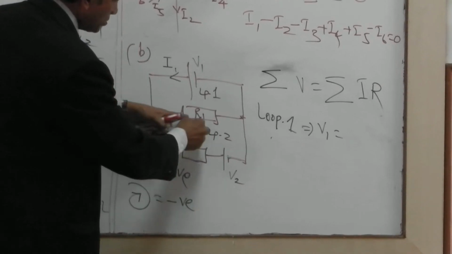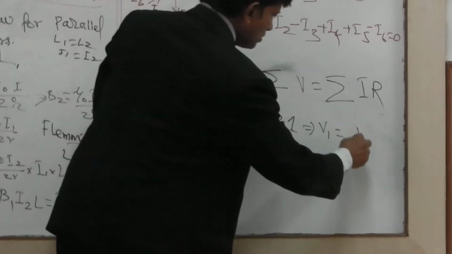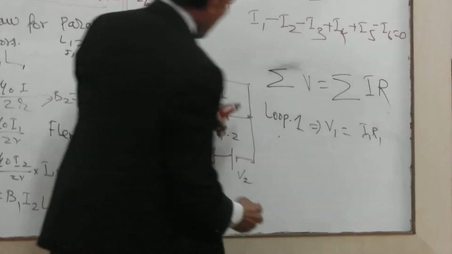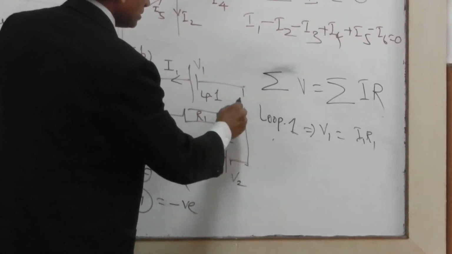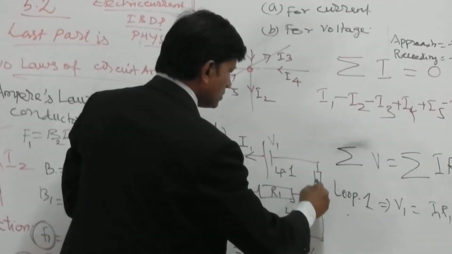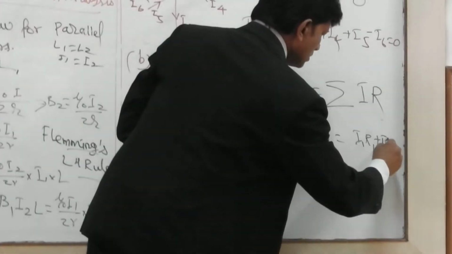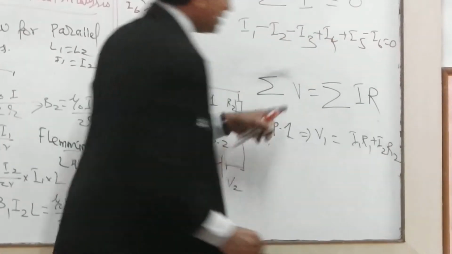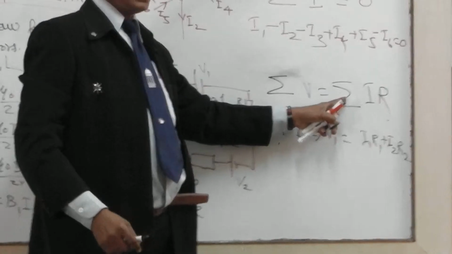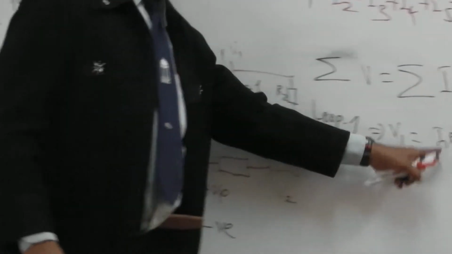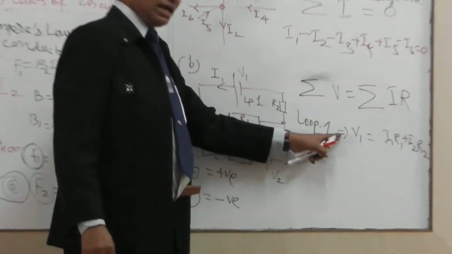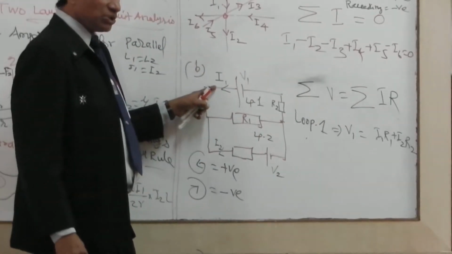So I1 passing through R1 is I1 R1. Had I put one more resistor, which is R2, then I would be writing plus I2 R2. That is the meaning of the sum of the product of current and resistance on one side being equal to the sum of the battery voltages. Here there is only one battery.